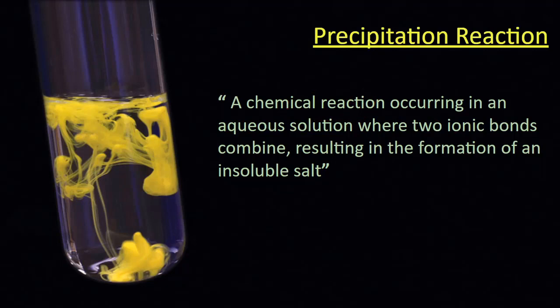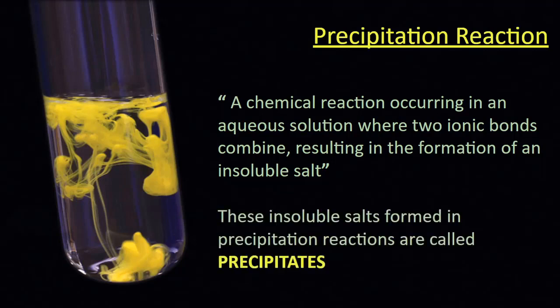In the aqueous solution, two ionic bonds combine, resulting in the formation of an insoluble salt. And these insoluble salts formed in precipitation reactions are called precipitates. So we have insoluble salts, they are formed in precipitation reactions, and they are called precipitates.